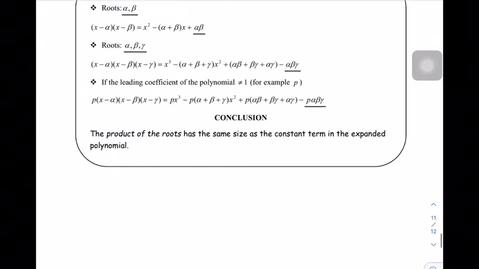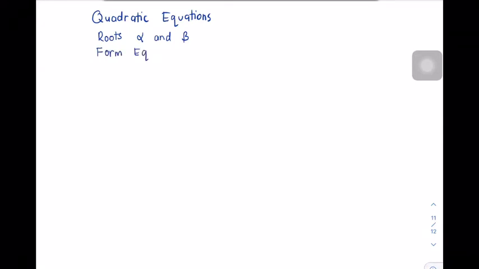But before that, we will do a little bit of recalling. Let's look at a quadratic equation. We have learned that if we have roots alpha and beta, and we use them to form the equation, it will be x minus alpha times x minus beta.